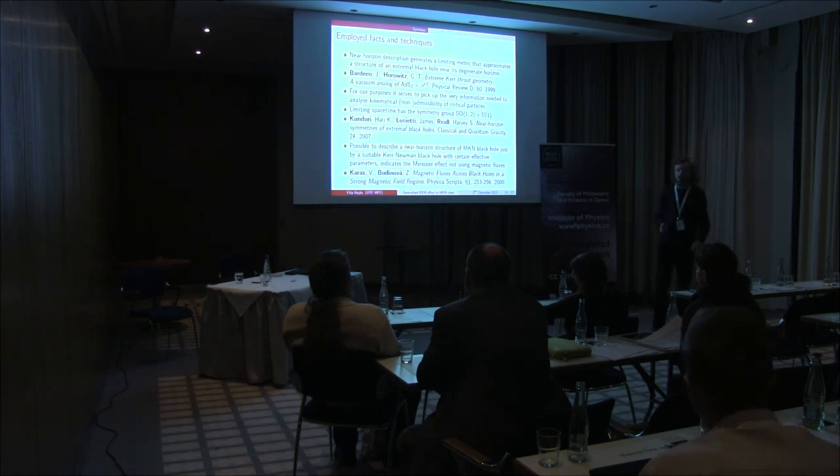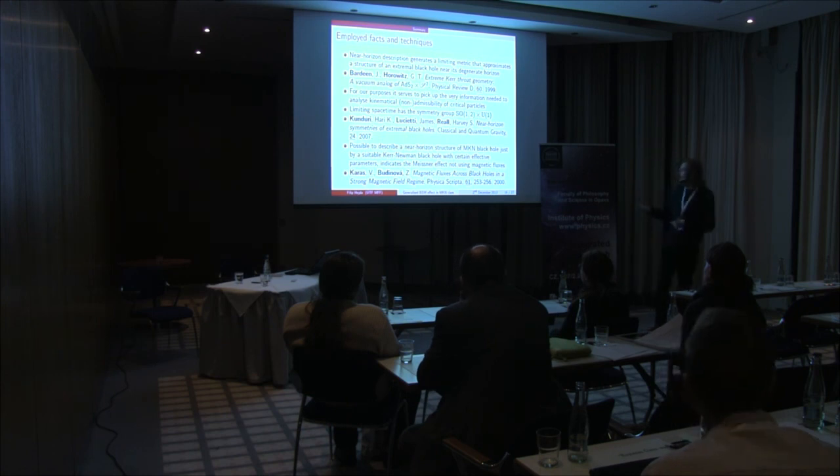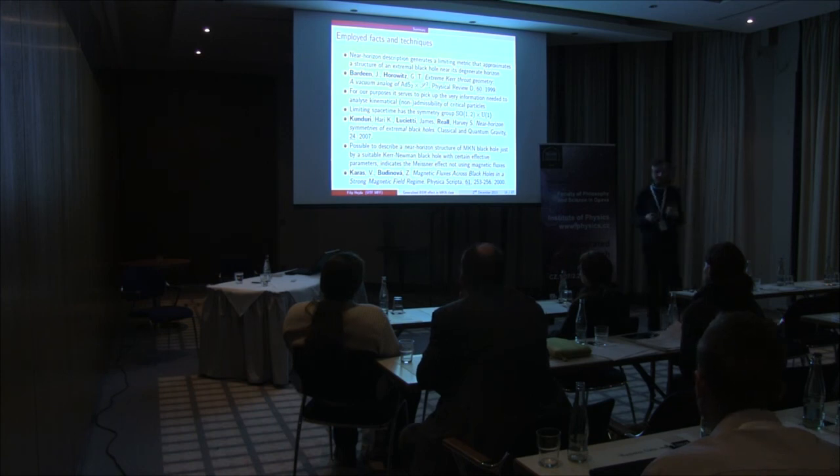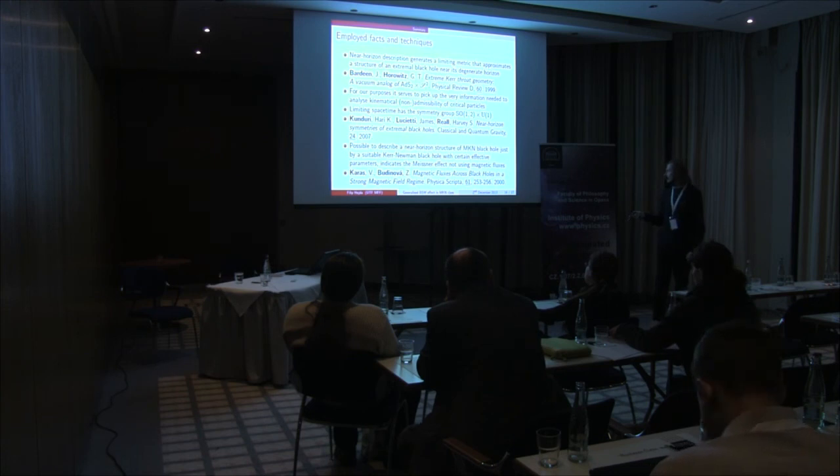The structure of the limiting metric is highly constrained, so we found that it is possible to describe the near horizon structure of the extremal magnetized Kerr-Newman black hole just by a suitable Kerr-Newman black hole, but with very complicated effective parameters. This indicates the Meissner effect without the necessity of calculating magnetic fluxes like Karas and Budínová did.